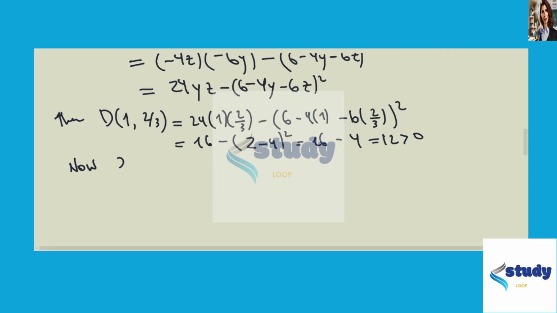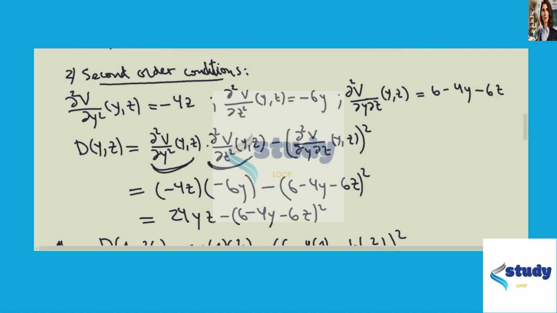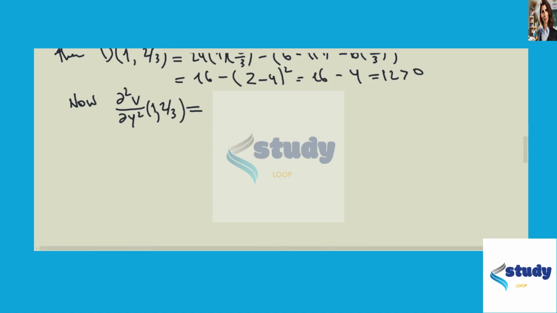So the partial derivative of V with respect to y twice at the critical point is, let's see the equation, we get negative 4z here. So it will be negative 4 times 2/3, and that's a negative number.